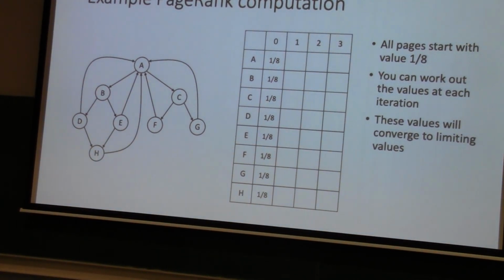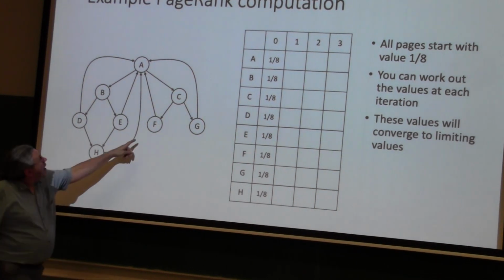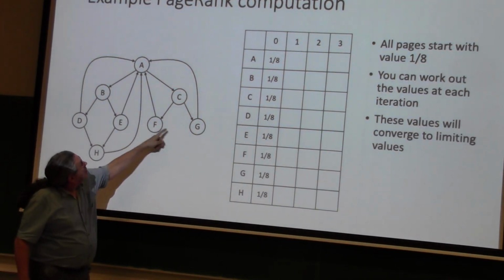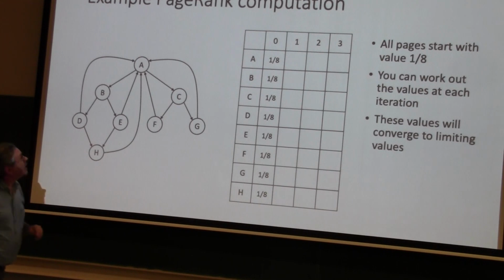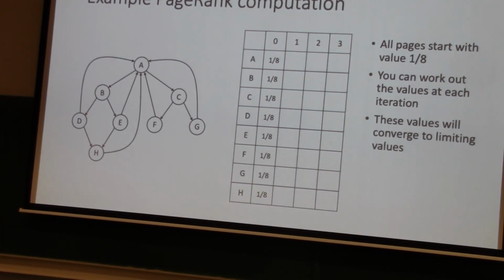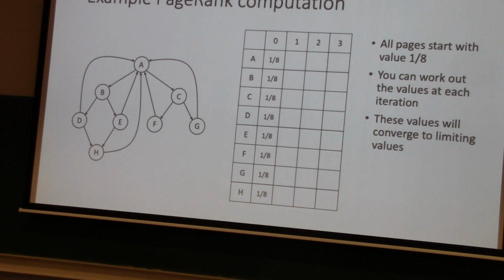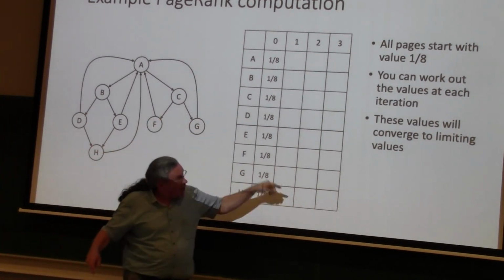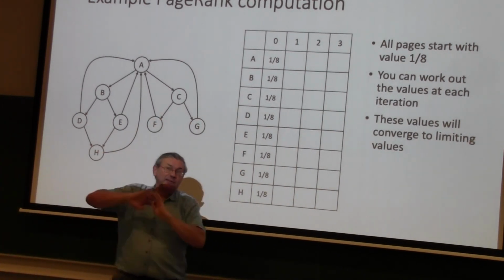That's H. F has no outgoing links, and G neither, so there's both 1/8 there. That's F and G. So the total is 3/8, 4/8 is 1/2. That's after one iteration. And you do the same for all of them, and you keep going until it converges.